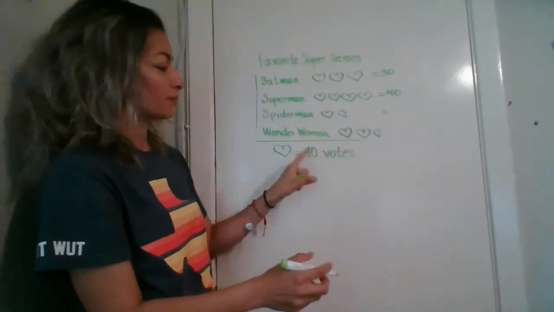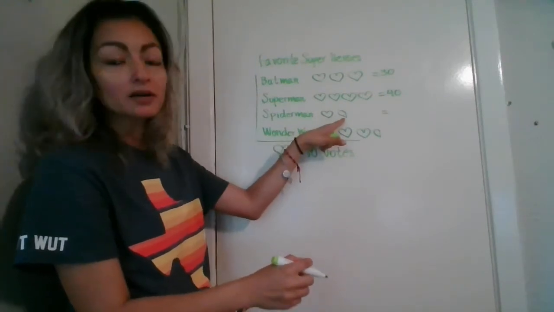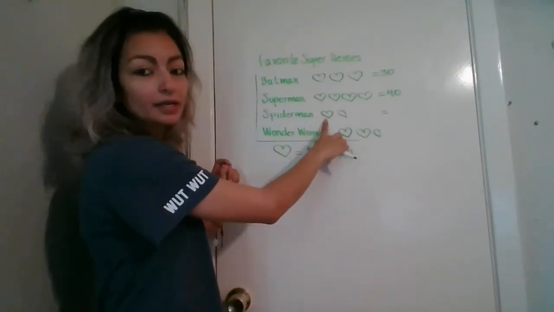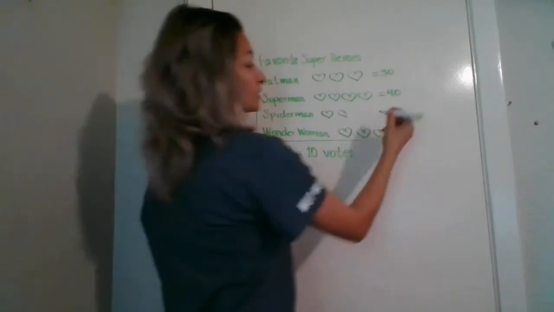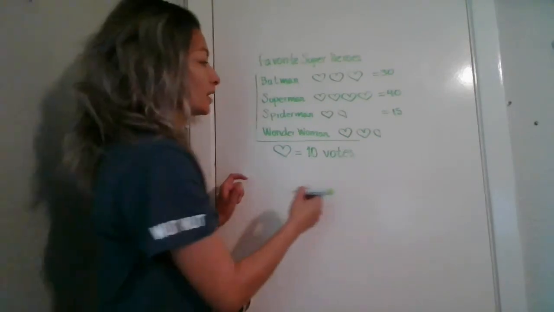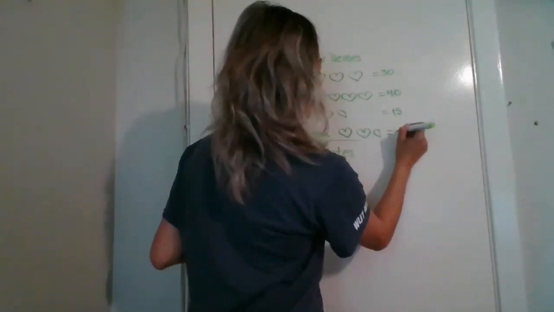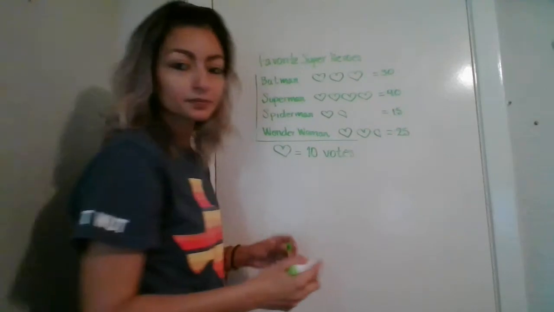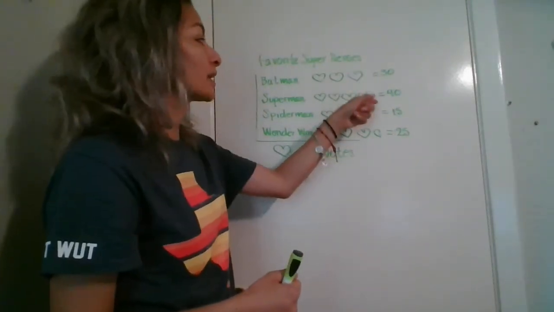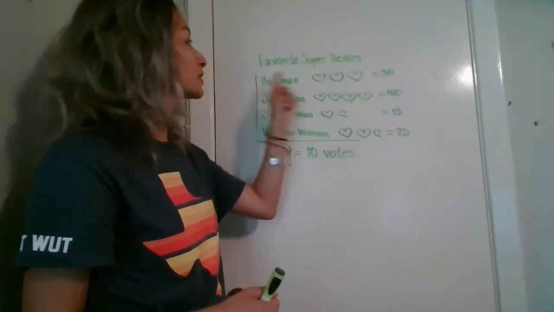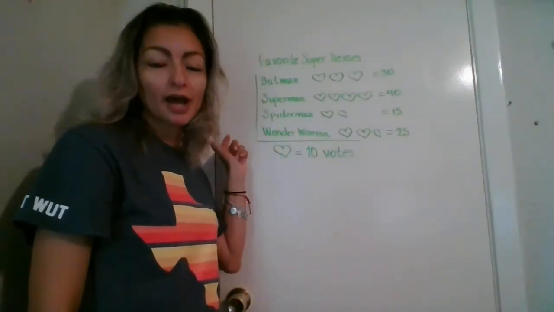Spider-Man, remember, we have 1.5. 1 represents 10, and half is only half of this. So it is 15. Well, Wonder Woman has 25. Now it's a lot easier for me to understand or visualize how many votes each one of these superheroes got.